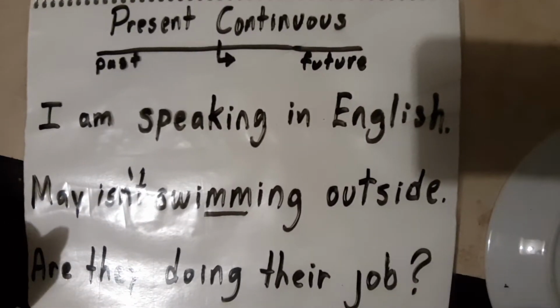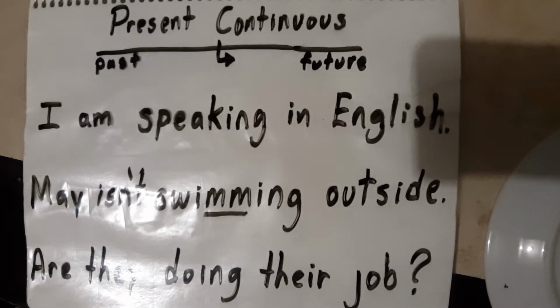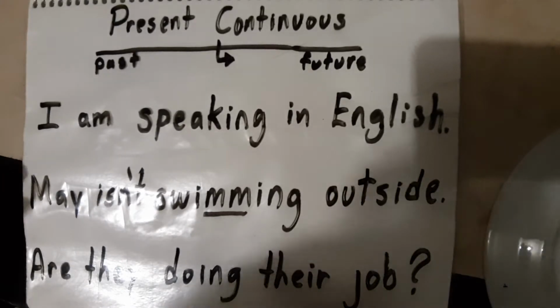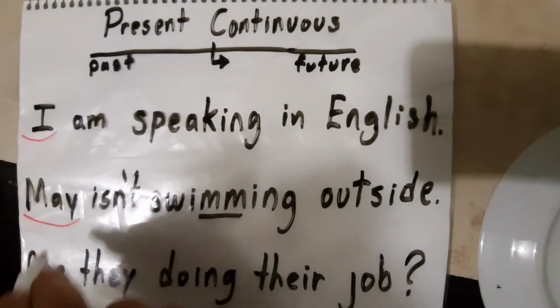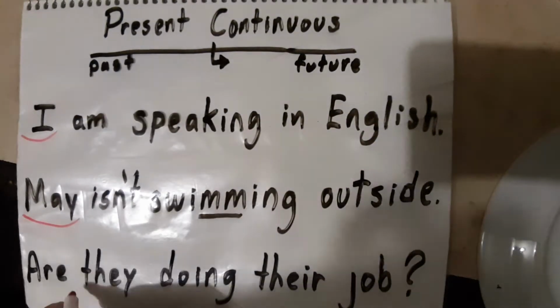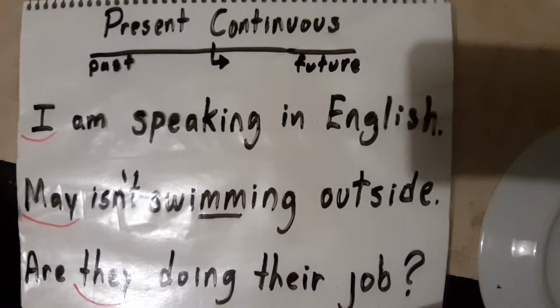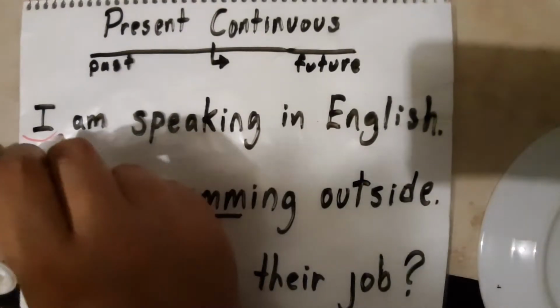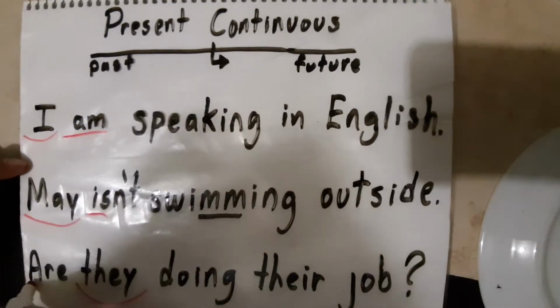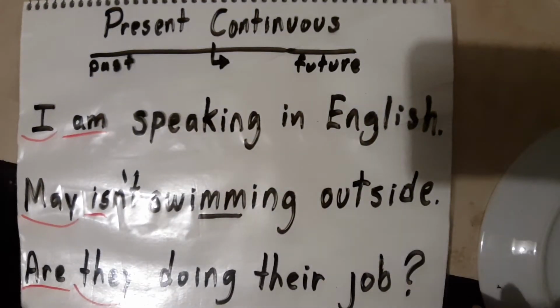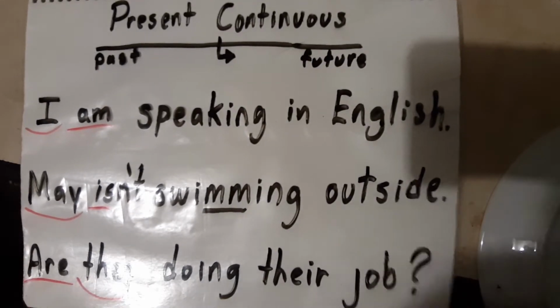Okay, so in general, present continuous is formed with a very simple structure. You use the subject. Well, in this case, it's going to be here. I'm going to speak about that later. You use the verb to be. It has to match the subject. It has to be the corresponding form.